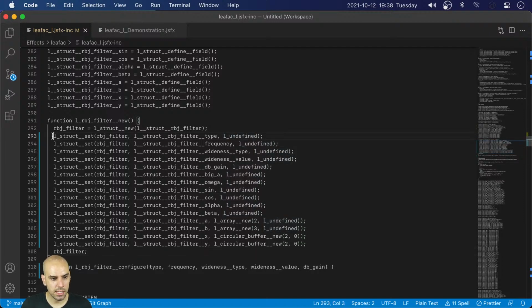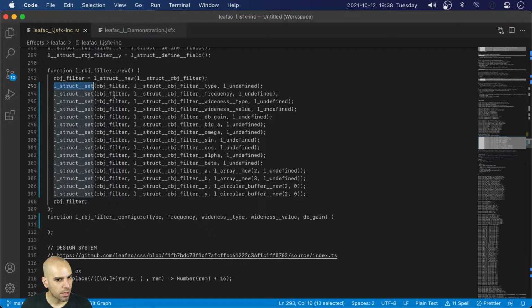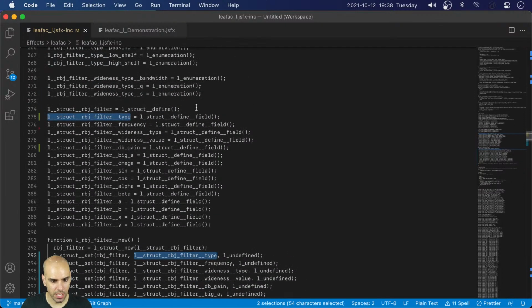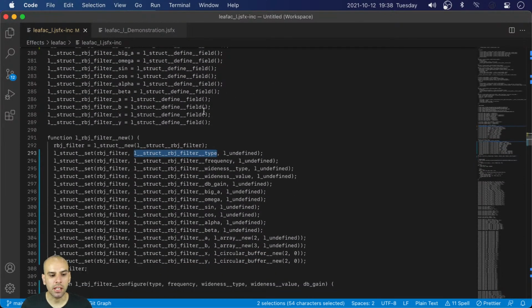That's how you set something in structs using our library. What I had before was just redefining what it means. It was redefining this field index, which doesn't make any sense.